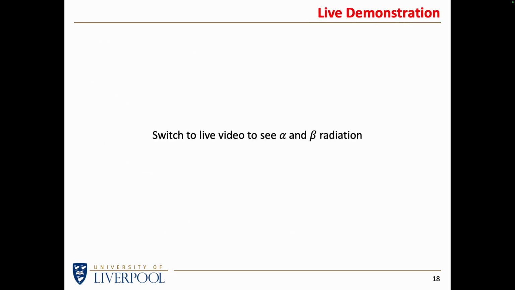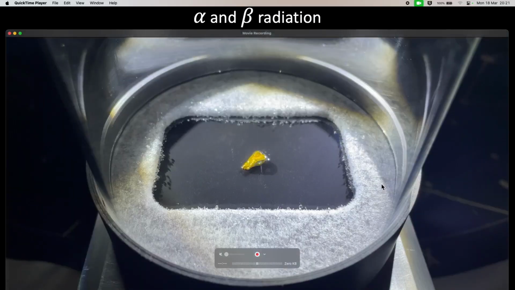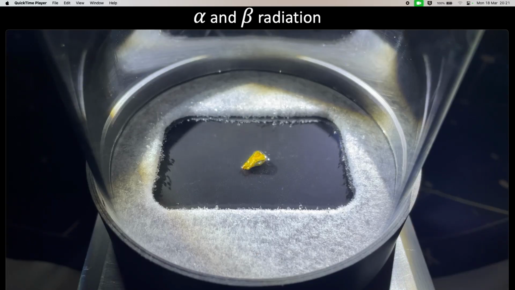So let's switch back to what we were looking at and re-examine what we just said. We're looking at alpha and beta radiation. For reasons I'm not going to go into, we do not see any gamma radiation in a cloud chamber. So any track which is nice and small, possibly a little bit zigzag, is an electron. They've all got quite a lot of energy, so most of these tracks look relatively straight.